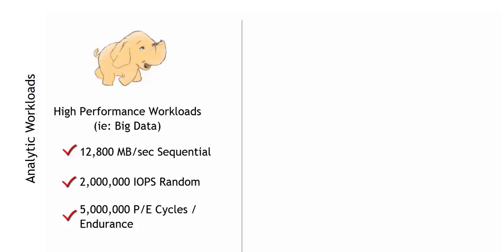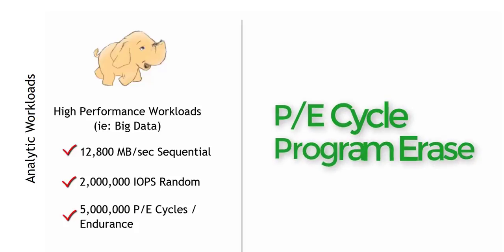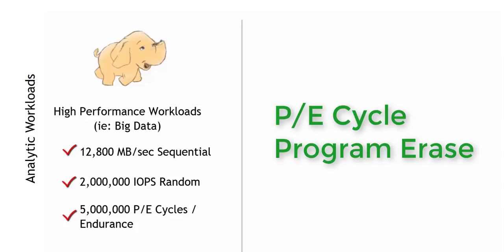So in this example, just to back up a little bit, a PE cycle is a program erase cycle. It basically is a sequence of events in which data is written to solid state NAND cells, written and deleted.